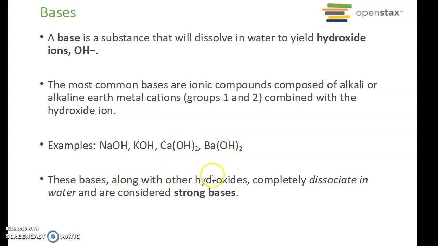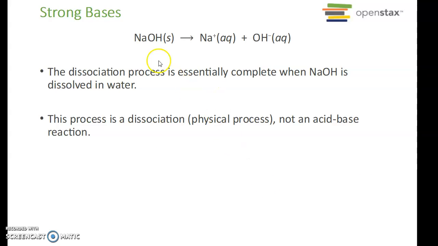These bases, along with other hydroxides, completely dissociate in water and are considered strong bases. And so this right here completely dissociates from a solid into two ionic species. This process is a dissociation, a physical process, not an acid-base reaction.